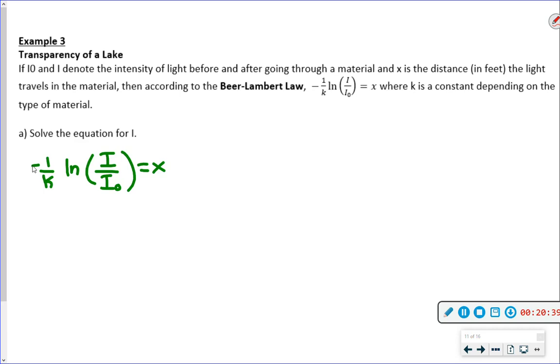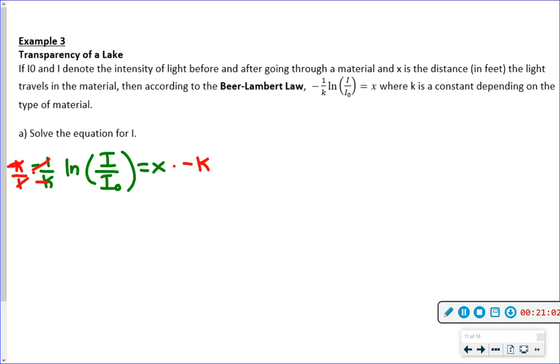So I'm going to get rid of this negative 1 over k as my first mission. I'm just going to multiply by the reciprocal, because the k's will cancel, the 1's will cancel, my two negatives make a positive. I'm going to do the same over here. Now, negative k over 1, I'm just going to put negative k for this side. Okay. Gone, gone, gone, gone.